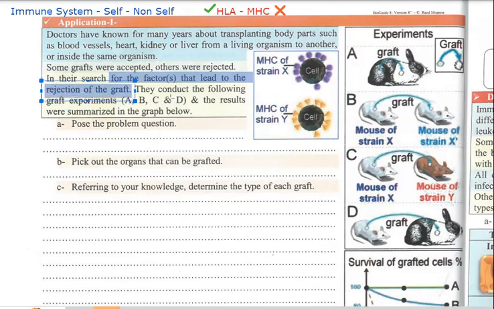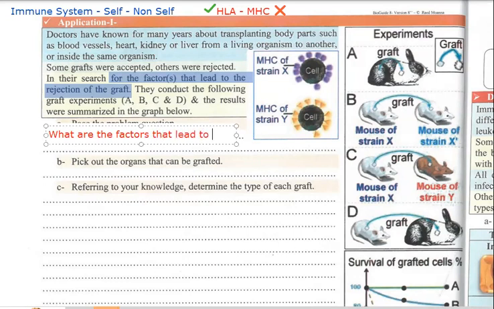Which factor leads to a rejection of grafts? So how can we turn this objective to pose the problem? We should make a question. So what are the factors that lead to the rejection of grafts?